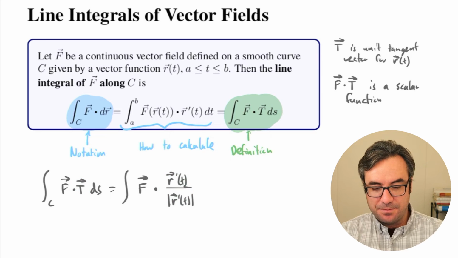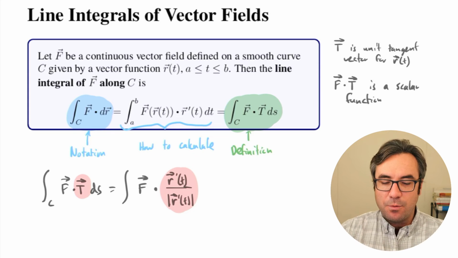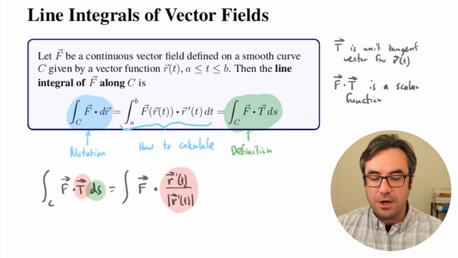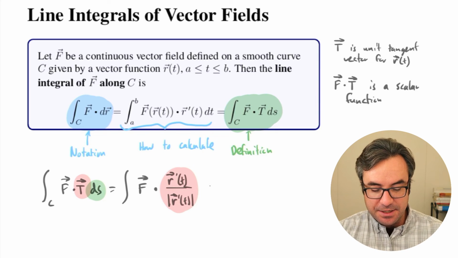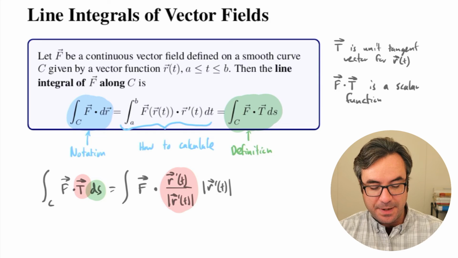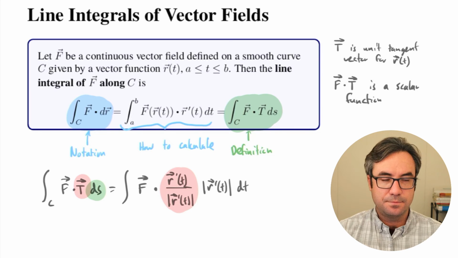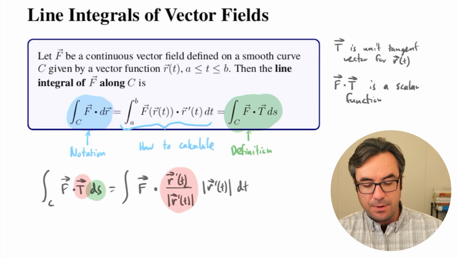Actually, let me, normally I do tangents in red. What about that differential, ds? Well, that's something else we've already seen. So ds is the length of r prime with respect to t. If you remember back, ds was, what was it?